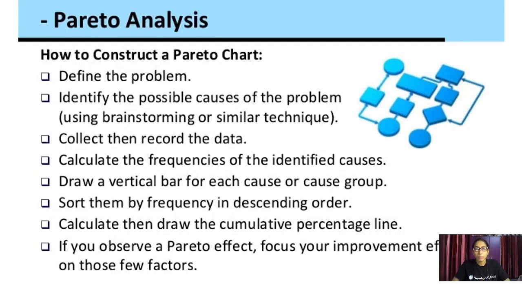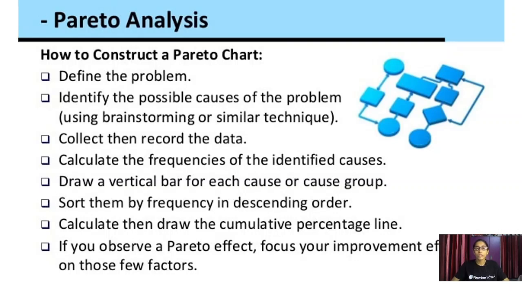So how do we construct a Pareto chart? First, you have to define the problem. Second, identify the possible causes of the problem. Third, collect the record of your data. Fourth, calculate the frequencies of the identified causes.